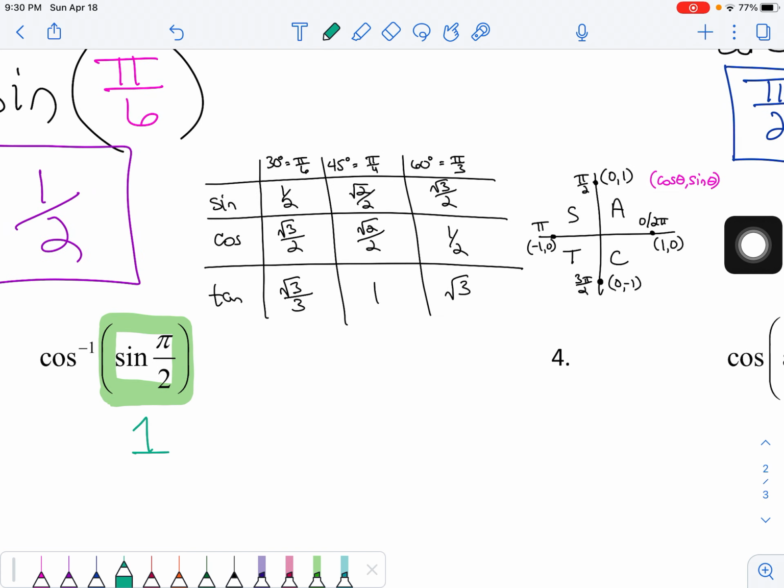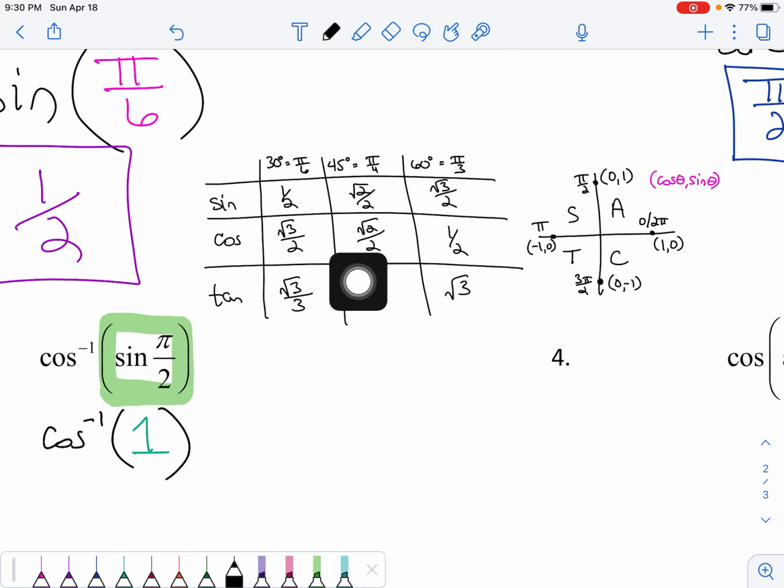So the sine of pi over 2 is 1, and now I want to know the inverse cosine of 1. What I'm asking for is, at what radian value do I have a cosine value of 1? Cosine does not have 1 in the trig chart, so I'm going to slide over to the unit circle, remembering again that the inverse cosine is the top half. And right here is where cosine is equal to 1.